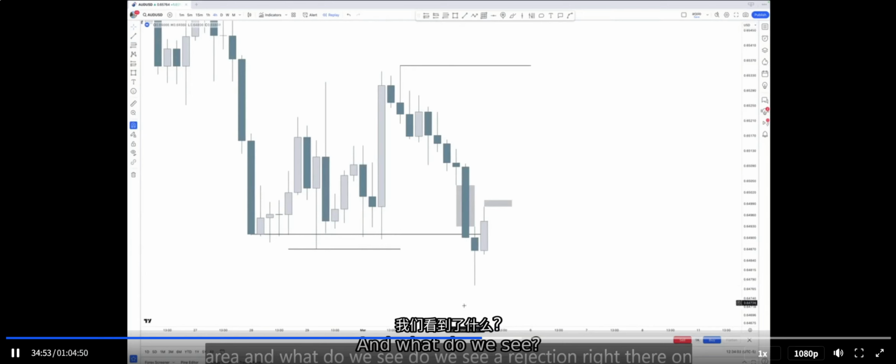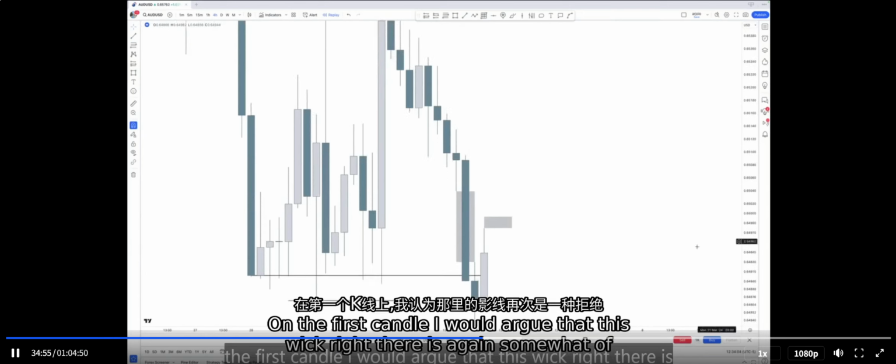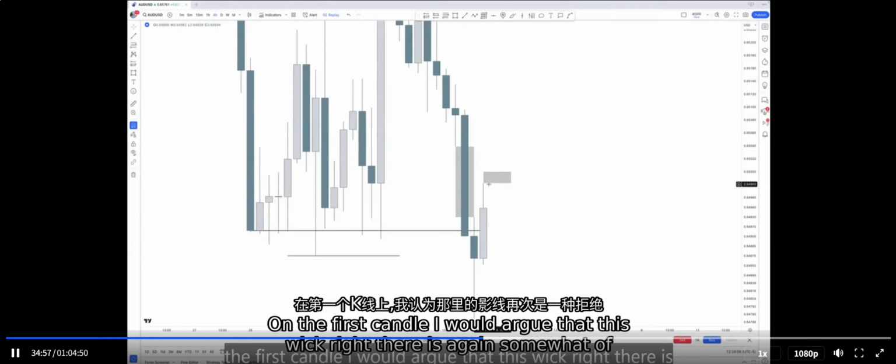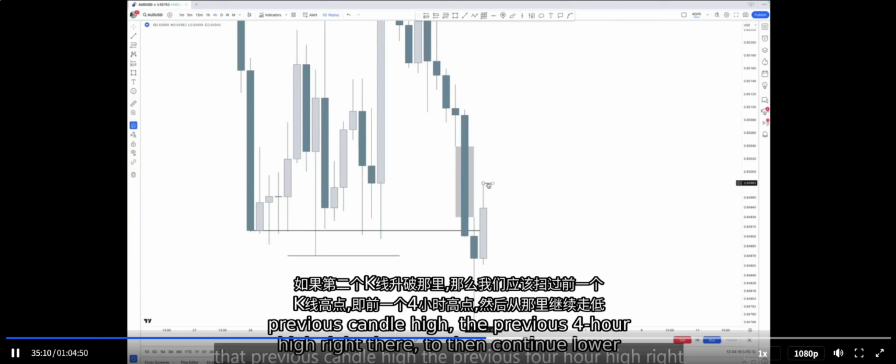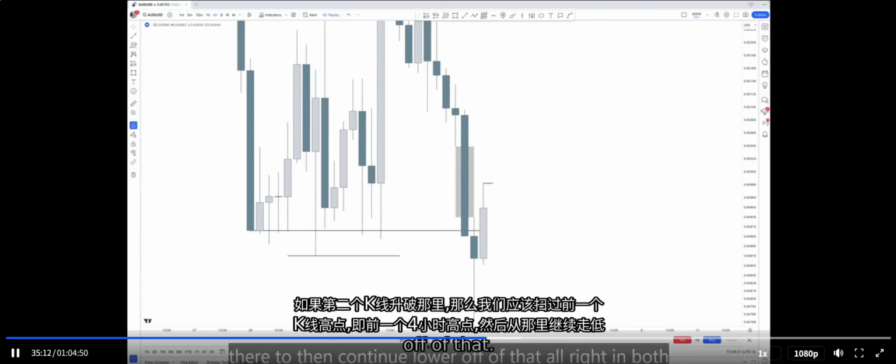And what do we see? Do we see a rejection right there? On the first candle, I would argue that this wick right there is again somewhat of a rejection. All right, if we do not agree with that, we can wait for the second candle. If the second candle comes above that right there, then we should sweep that previous candle high, the previous 4-hour high right there, to then continue lower off of that.